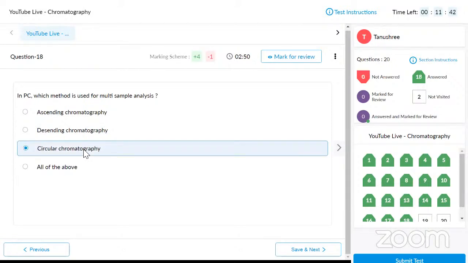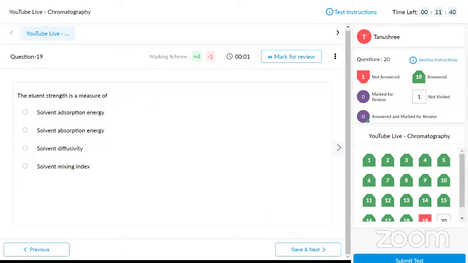So my option is circular chromatography. Let us proceed to the next.